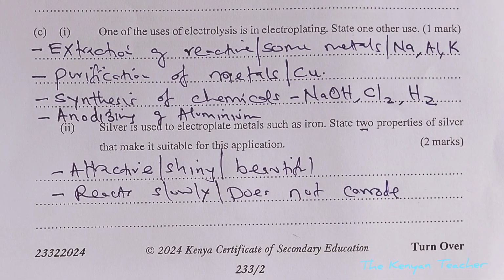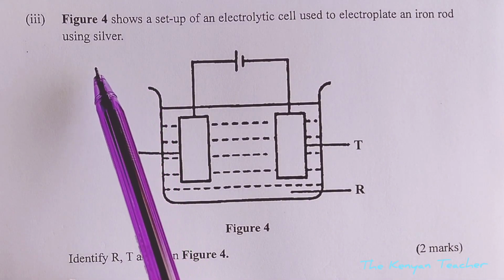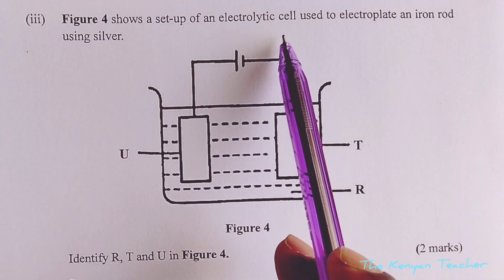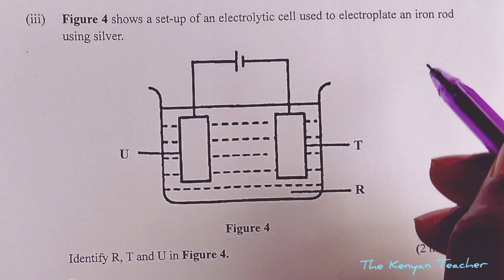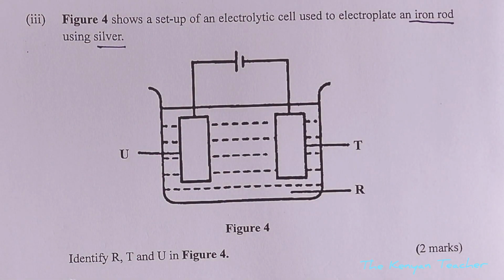Let's end this part 2 of our video on question number 4 that tested electrochemistry in the year 2024 by having a look at part C, Roman 3. We were given a figure which shows a setup for an electrolytic cell that we used to electroplate an iron rod using silver.